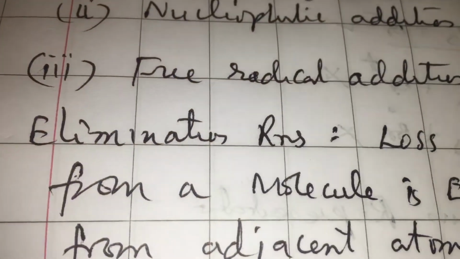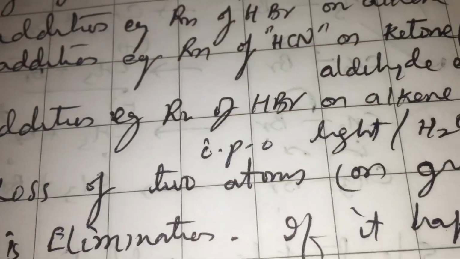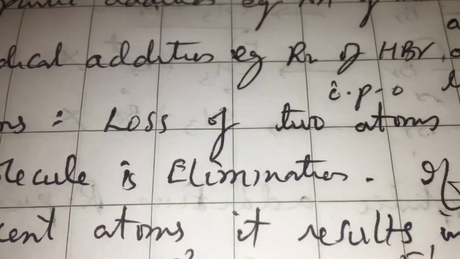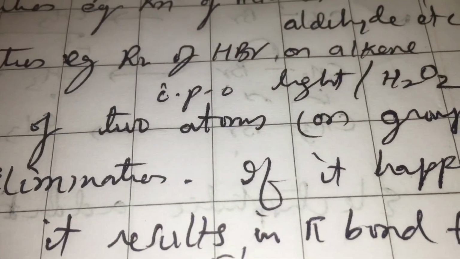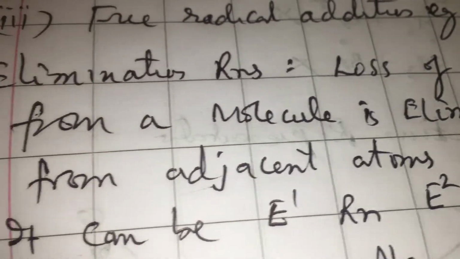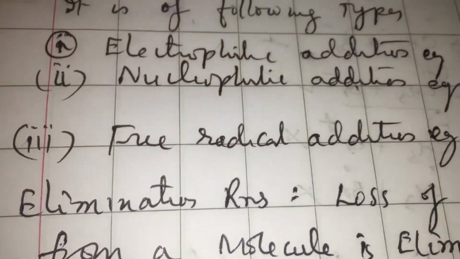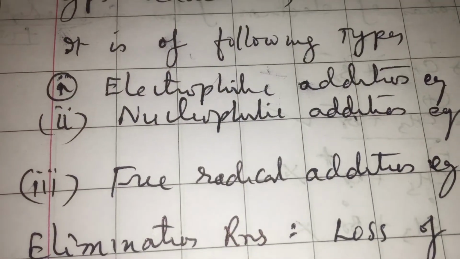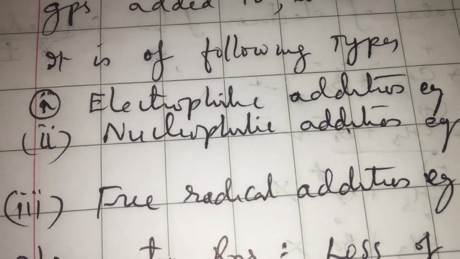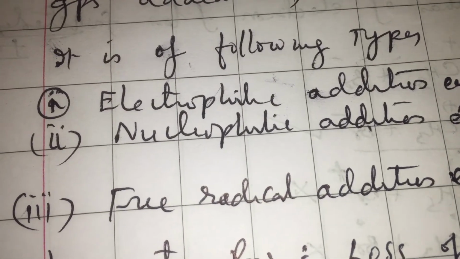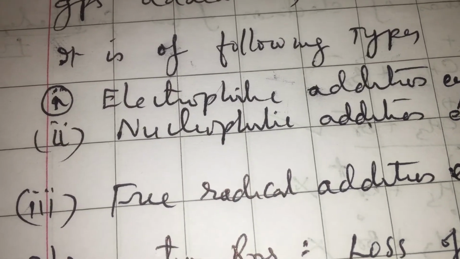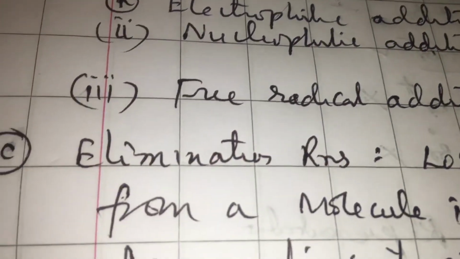Loss of two atoms or groups from a molecule is called elimination. If it happens from adjacent atoms, it results in pi bond formation. For example, when ethyl chloride CH3CH2Cl undergoes elimination, HCl is eliminated so that you get CH2 double bond CH2.